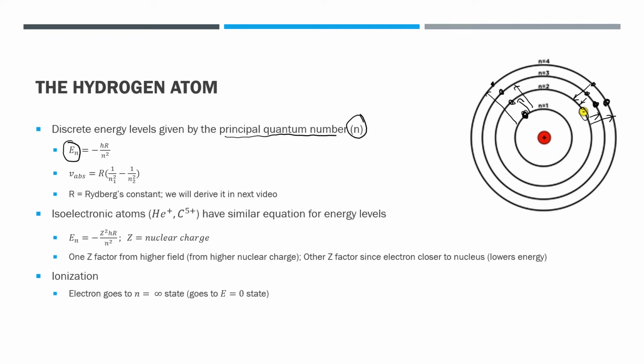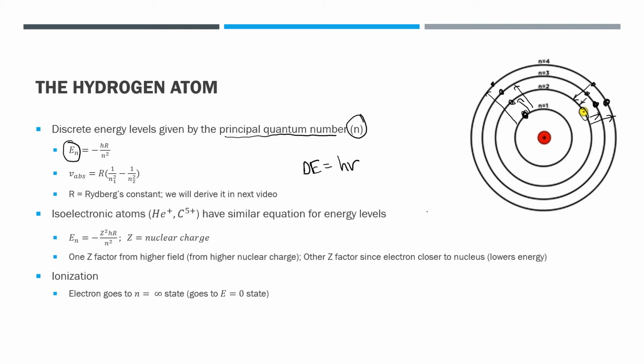So if we use this energy level equation, we can derive what frequencies should be absorbed. If we take two energy levels, and call the first one that we start at n1 and the second one that we end at n2, and subtract these energies and then divide by h, because we know that E equals h times the frequency, we should be able to figure out the frequency that is absorbed by these atoms.